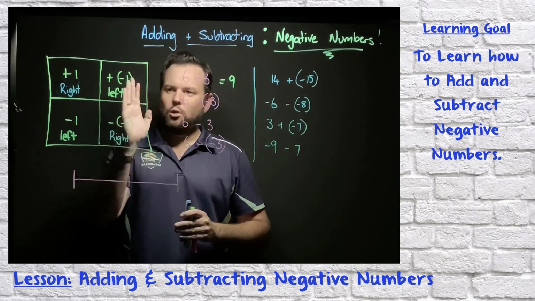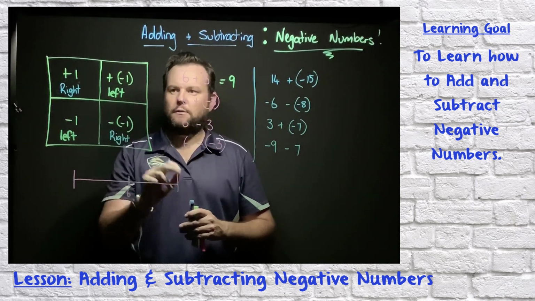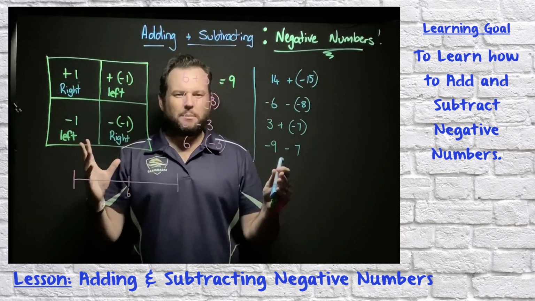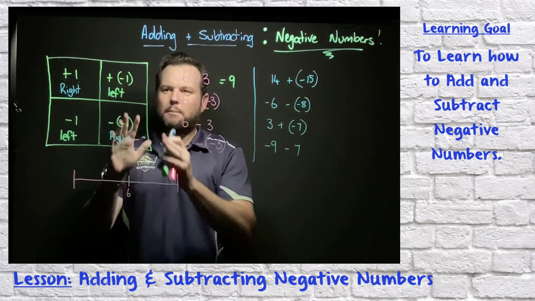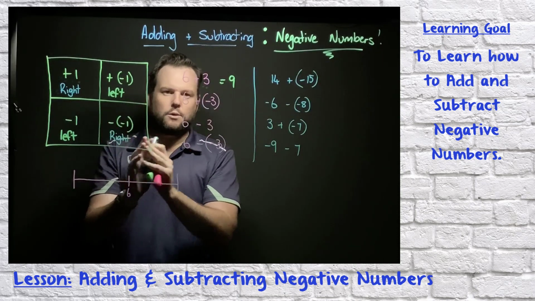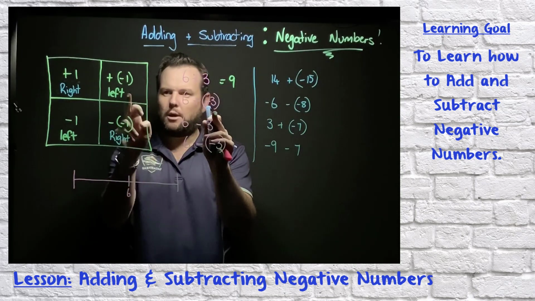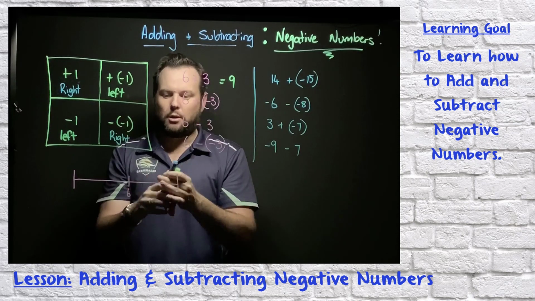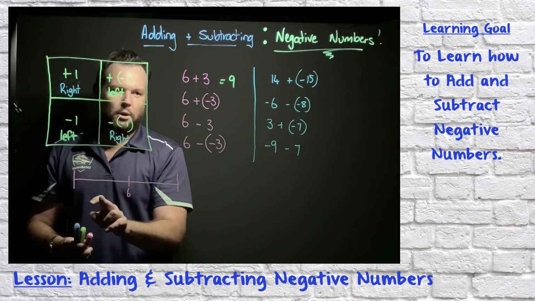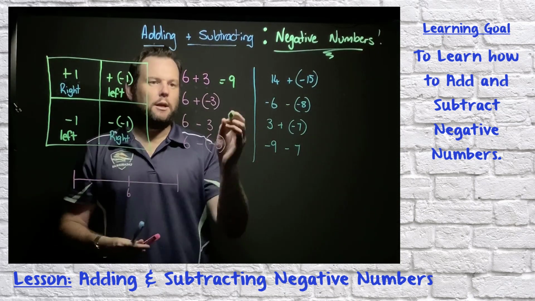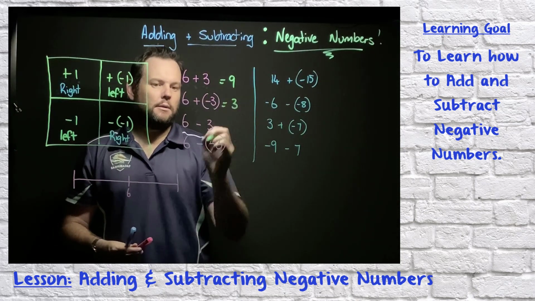When I add a negative, I move left. Don't think about why, don't really question it. For the moment, we will get to that. But at the moment, concentrate on the rules. I'm adding a negative number, I have to move left on the number line. So 1, 2, 3 places left on the number line takes me to 3.